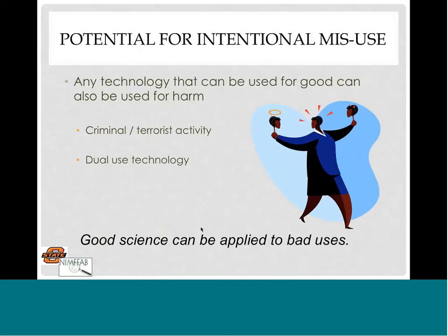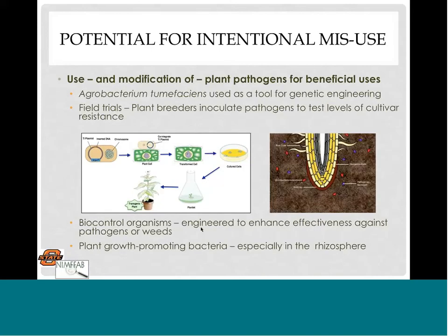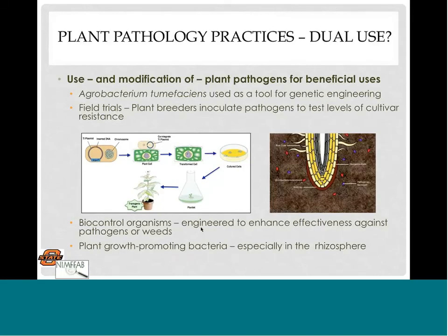Of course, we have the potential for intentional misuse, as Ed Yu pointed out earlier, and this has always been present. We know that any technology that can be used for good can also be used for harm. And in plant pathology, some of the practices that plant pathologists use every day, all the time, might fall into a range of what people think of as being potentially dangerous.